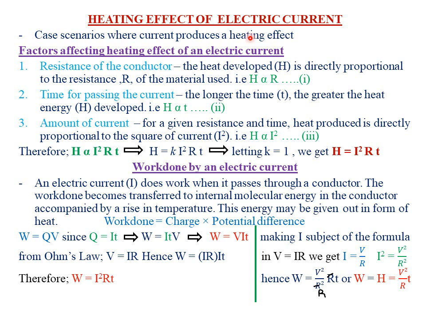Because some of the electrical energy, instead of being converted into light energy, is converted into heat energy, that is what causes the bulb to feel warmer. The second case scenario whereby a current produces a heating effect is in an electric coil, which is usually made of a material of very high electrical resistance, such that when current flows through that coiled resistor wire, most of the electrical energy is lost in the form of heat, or simply the electrical energy is converted into heat energy.